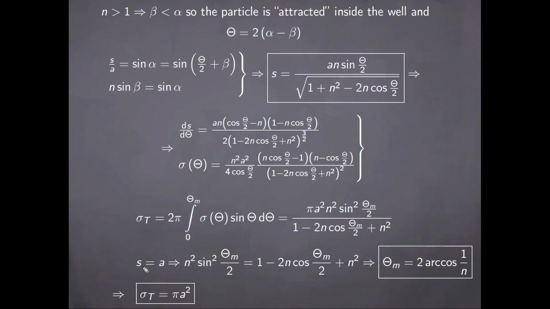And so for this particular value of s, we can calculate the value of the cutoff angle from the formula here to obtain this result, and then putting this in the expression of the total cross section, we finally obtain the result here.